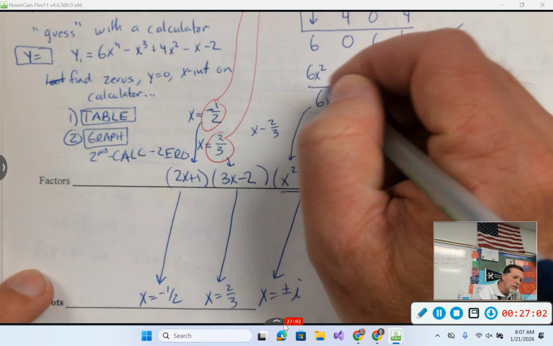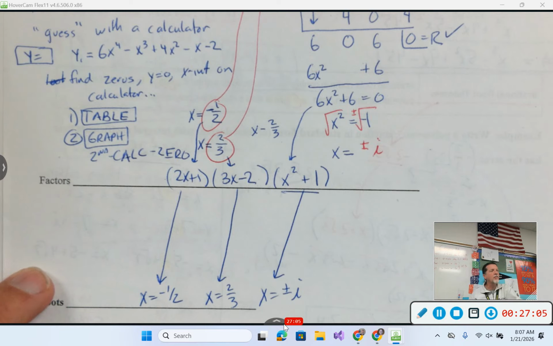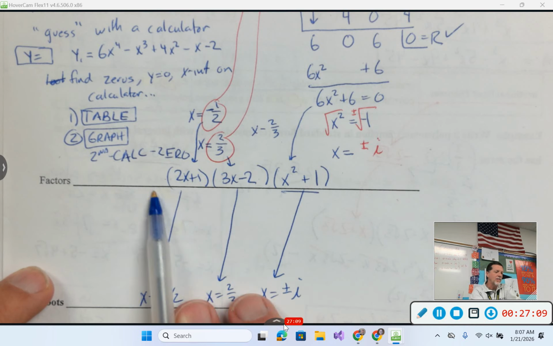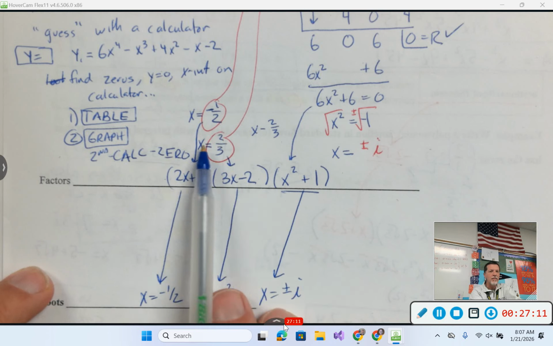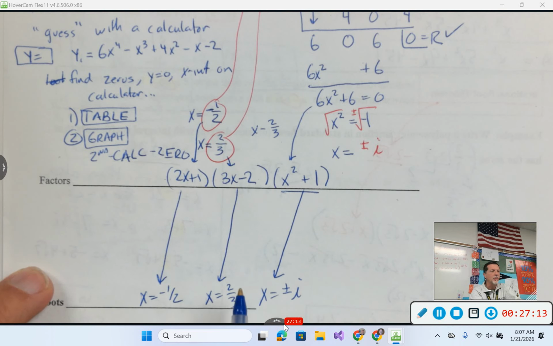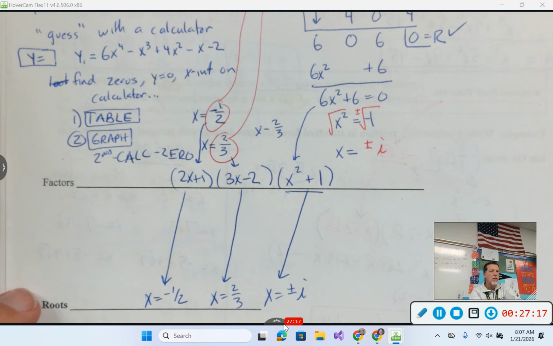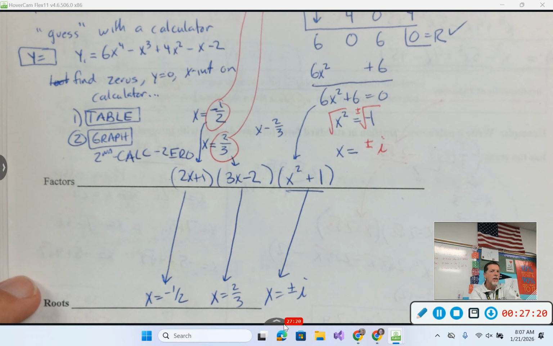I knew this was a factor, but I didn't really want the 6 in there, so I factored out the 6. And really, the 6 is what made these integers rather than just minus 1/2, minus 2/3. It's just one step before you did the i.